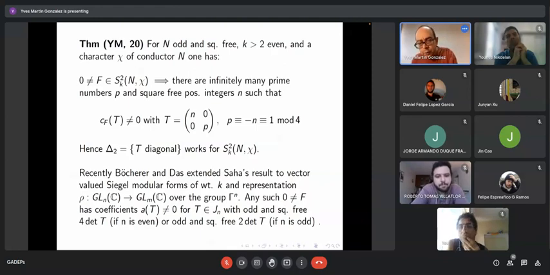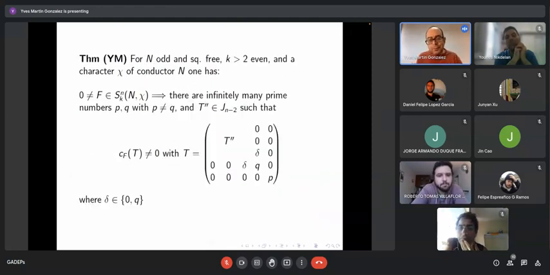Okay. So what do I have now? At this moment, I can say the following: for n odd and square free, and for k greater than 2 even, and any character, the character has to have conductor equal to the level, this big N. Then, if the Siegel cusp form is non-zero, there are infinitely many prime numbers p and q, different p and q, and a half-integral positive definite matrix T2', such that the coefficient c(T) is non-zero with T of this type.